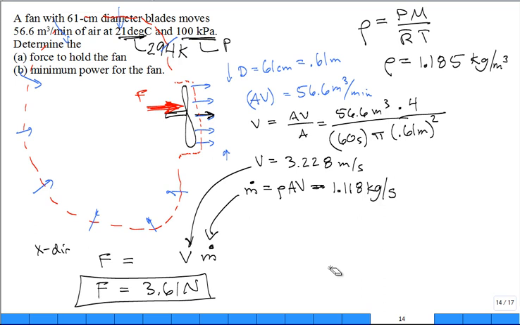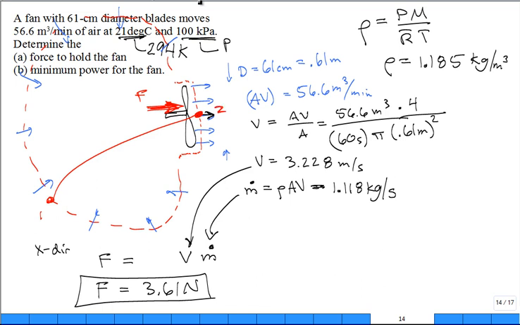But how am I going to calculate that power? You can do the head idea. Do some streamline that goes from this point all the way back to that point, so 1 to 2.